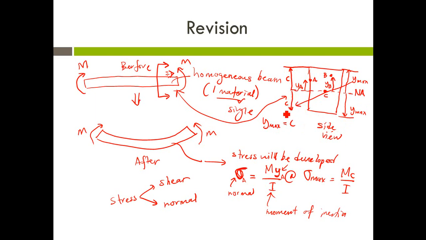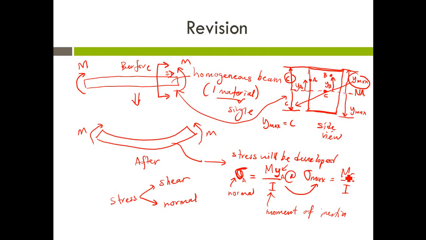So that's why we can rearrange the equation sigma equal to My over I into sigma max equal to Mc over I. The sigma max occurs at the bottom surface or at the top surface.